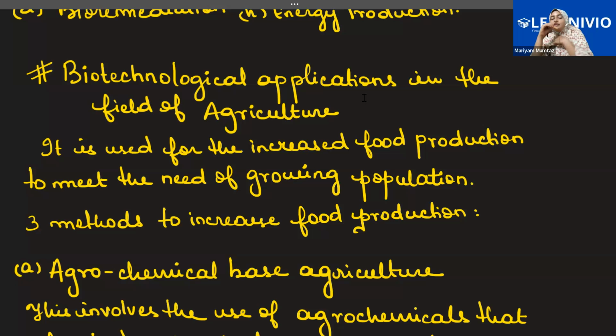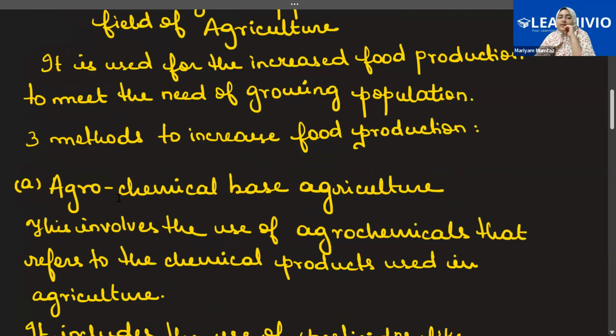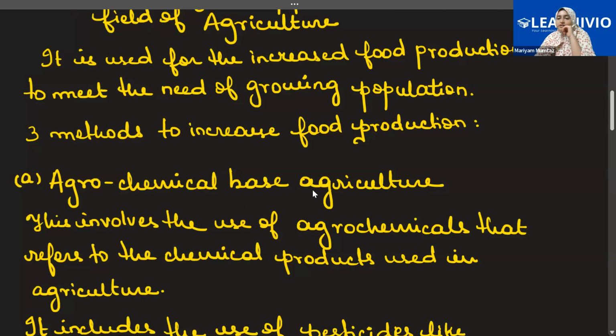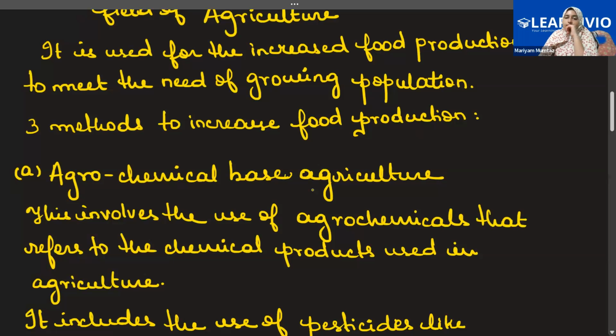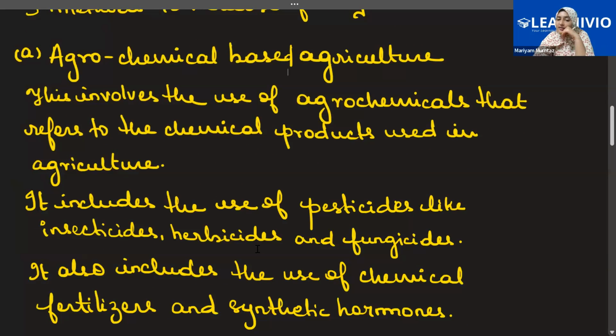Now, there are three methods to increase the food production, all in all. The first one is agrochemical based agriculture. Agro refers to the agriculture only, the chemical, right? In this particular case, there is the usage of agrochemicals, meaning the chemical products that are used in agriculture, such as pesticides like insecticides, herbicides, fungicides to protect the crop.